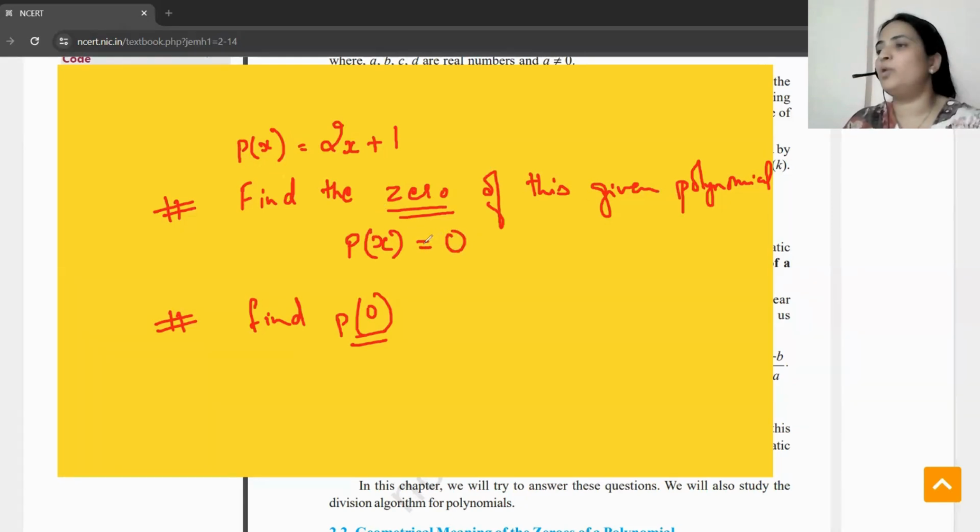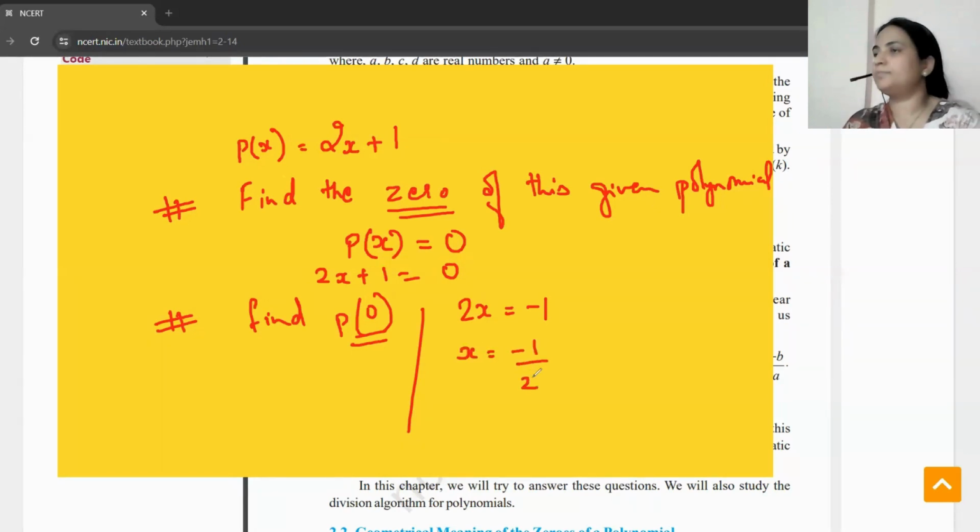Finding the zero of the polynomial, you will put the complete polynomial equals to 0. So you will write 2x plus 1 equals to 0. That is 2x equals to -1, and this will be x equals to -1/2.